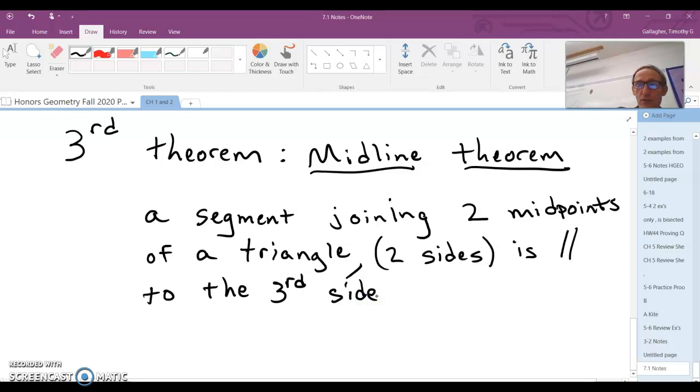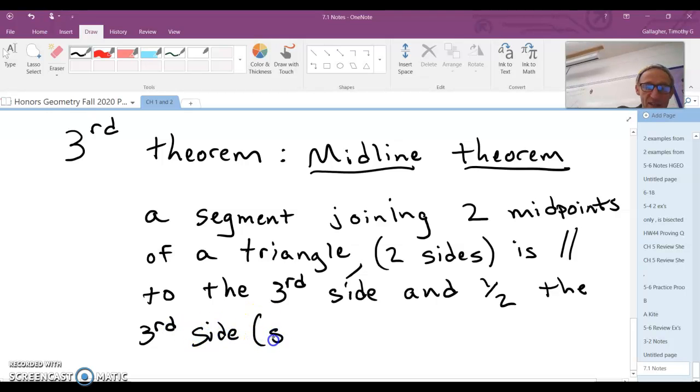is parallel to the third side, and half the third side. The third side is the side not connected.